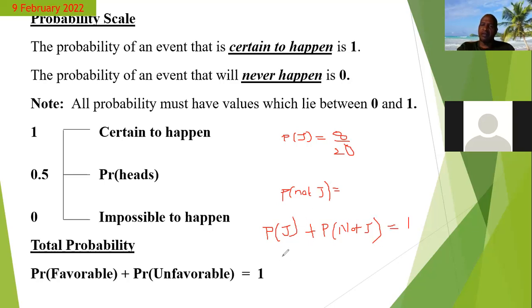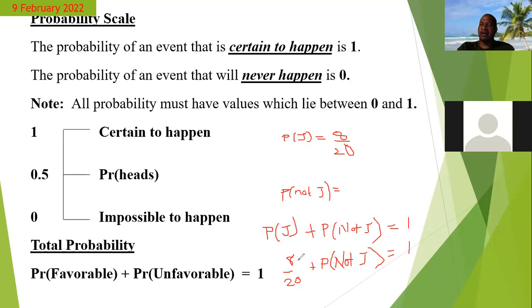The probability of Julie is 8 over 20, and we don't know the probability of not Julie. We could just solve the equation. How would we solve this equation?